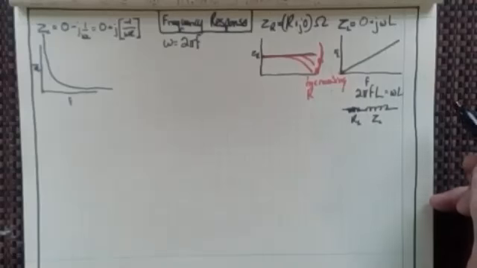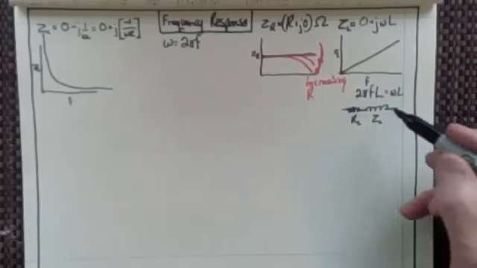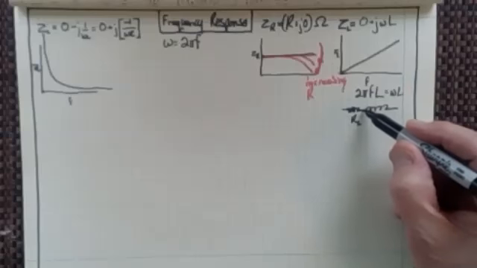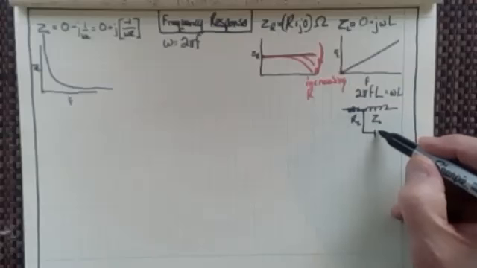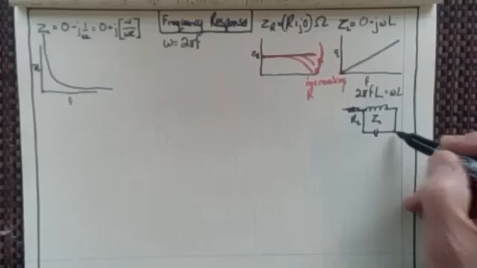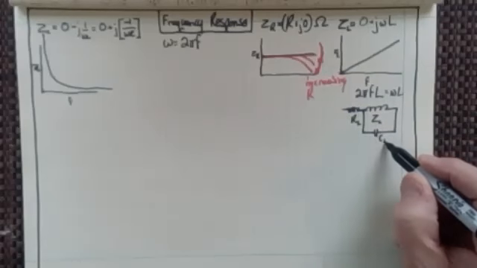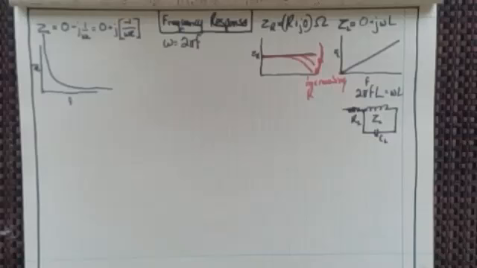What I didn't mention was that, and this depends on the length of the leads of the inductor, we really have another very small capacitance that is in parallel with that inductor, and that has to do with the length of the leads.